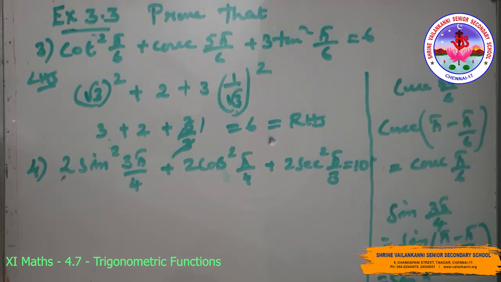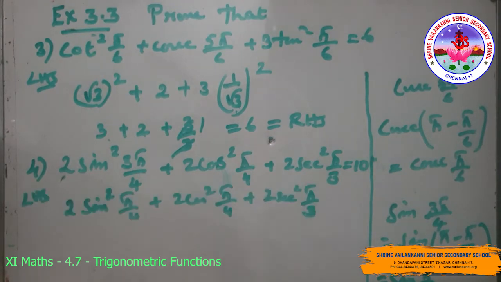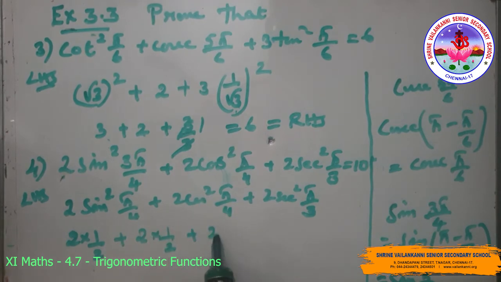So sine pi by 4 is sine 45 degree. So sine 45 degree is 1 by root 2. So 2 into 1 by root 2 whole square is 1 by 2 plus 2 cos square pi by 4. 2 into cos pi by 4 is 1 by root 2. So 1 by root 2 whole square is 1 by 2 plus 2 secant square pi by 3. That is secant 60 degree.